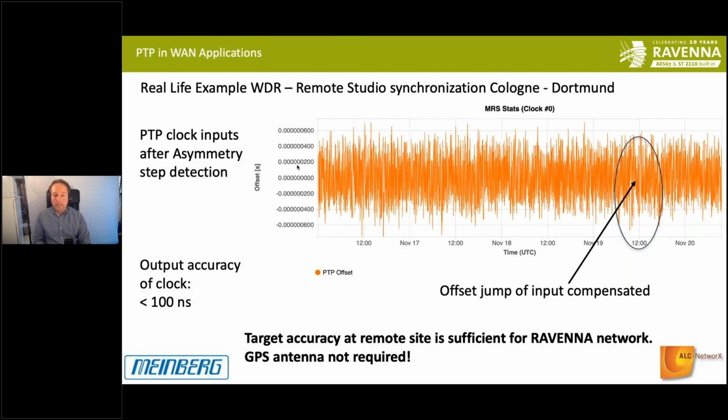And the benefit is that absolutely no GPS antenna installation on this remote site is required. So to summarize those aspects, you can have a GPS-free installation even in remote production for PTP.